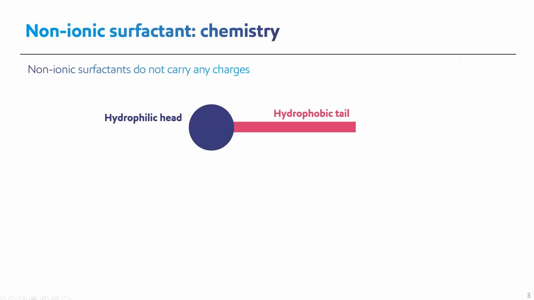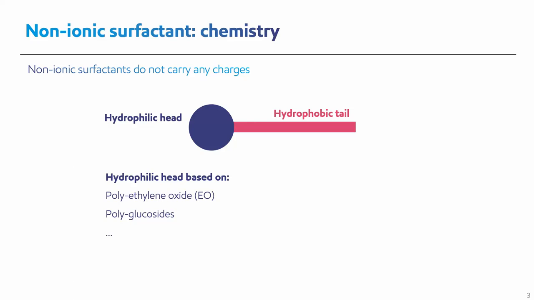Let's briefly discuss what non-ionic surfactants are. In contrast to anionic or cationic, non-ionic surfactants are neutral species as they do not carry any charges. Those amphiphilic molecules are constituted of a hydrophilic head, which may be polyethylene oxide or polyglucosides.